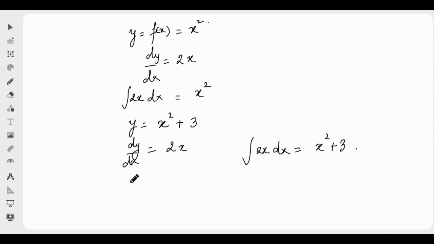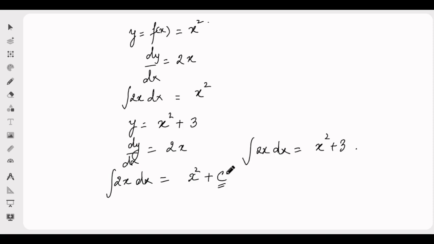So in general, if we are given the function 2x, then its integral will be written as x square plus the arbitrary constant c. We have to write this arbitrary constant c.